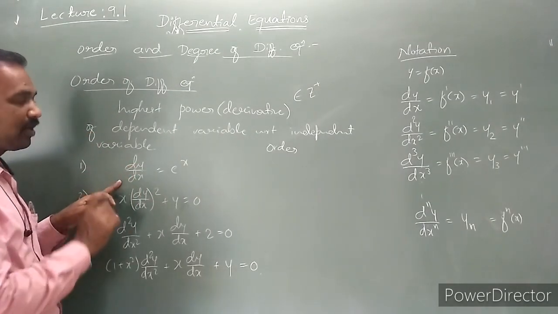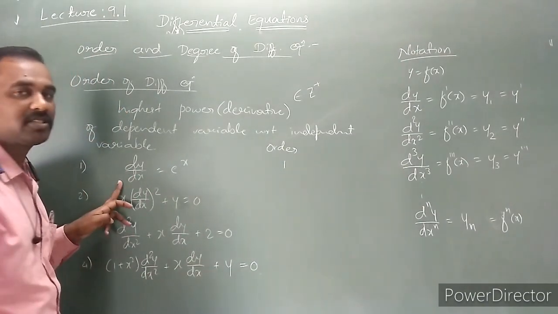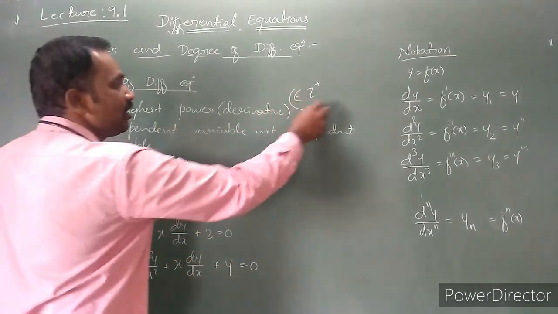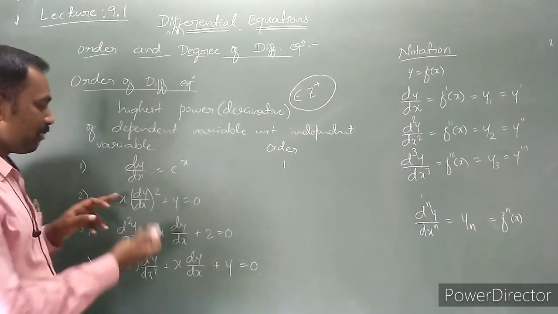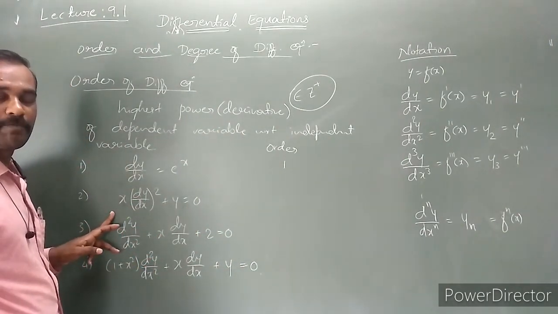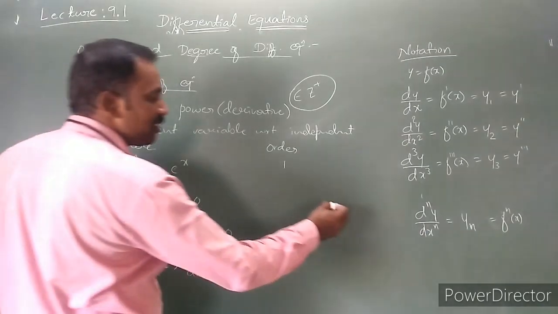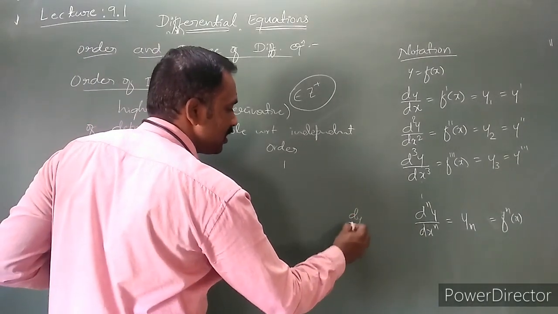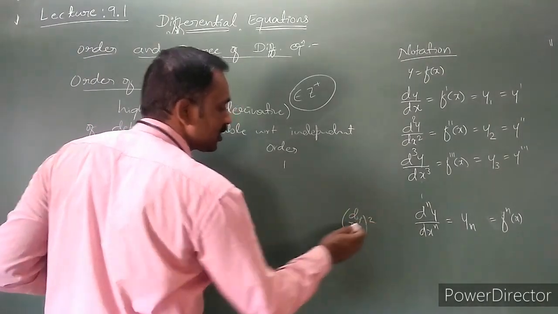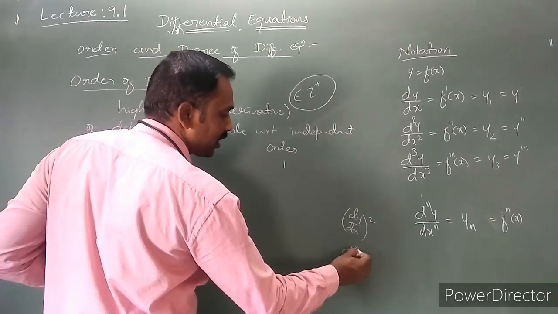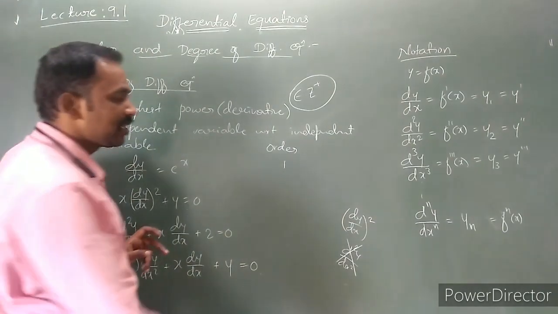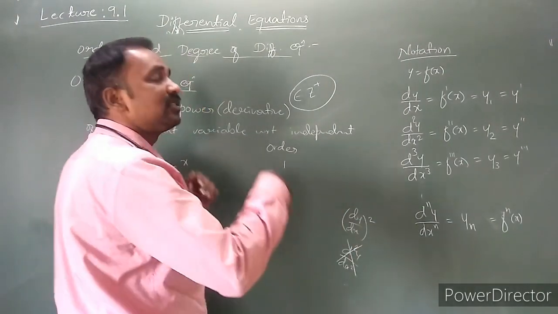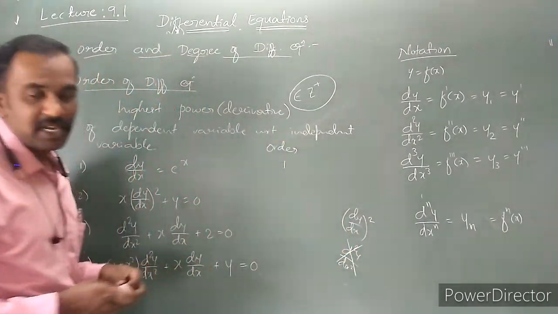That is dy by dx, so the order of the differential equation is 1. That should be a positive integer, and yes, 1 is a positive integer. In the second, what is the highest order? It is dy by dx whole square; don't write this as d square y by dx square. It is not that.